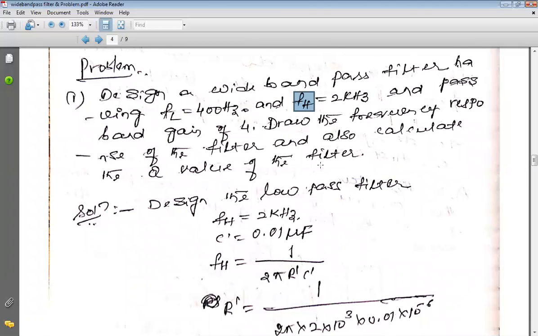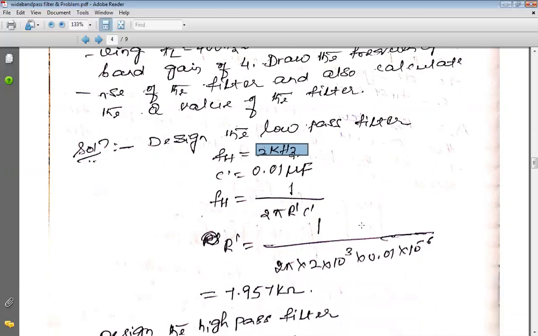It means the low pass filter passes all the frequencies from low frequency signals till 2 kilohertz. I am assuming C dash of the low pass filter section as 0.01 microfarad.